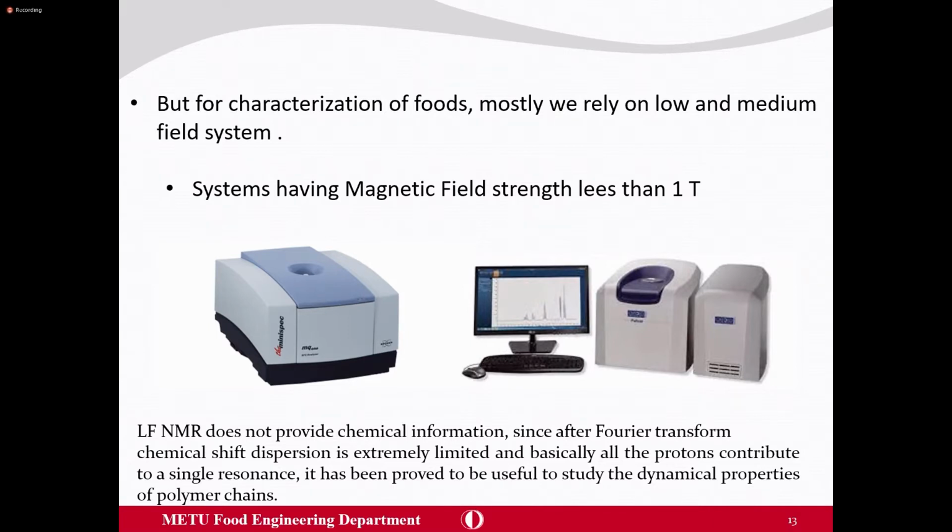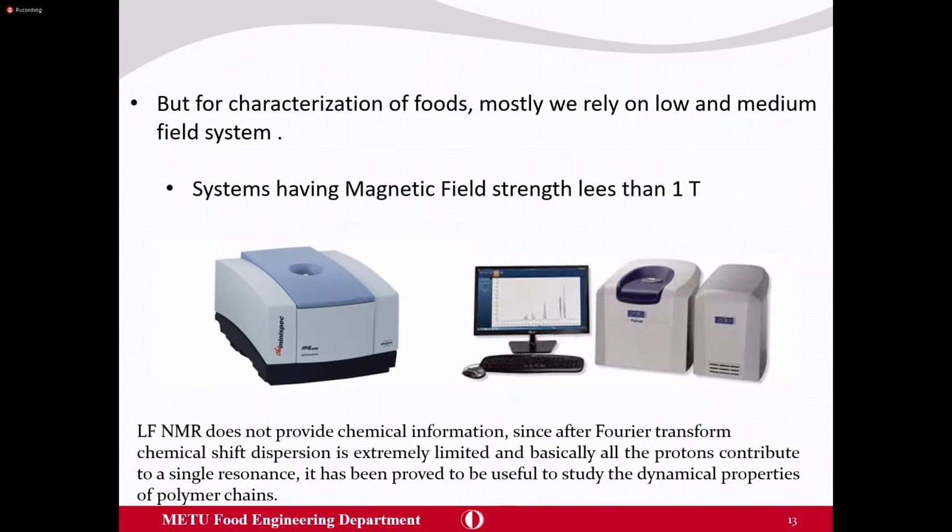Fourier transform is a mathematical transformation which converts the data from time domain to the frequency domain. And in the case of LFNMR, the chemical shift dispersion is extremely limited, and basically all protons contribute to a single resonance. That is why we cannot use it for spectroscopy purposes.